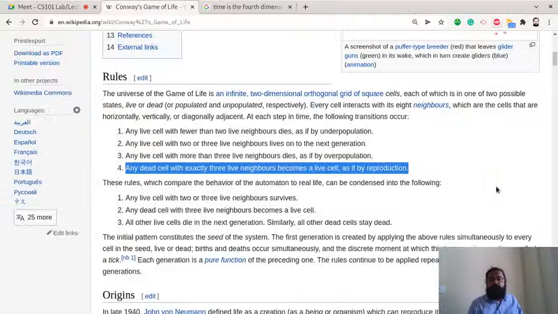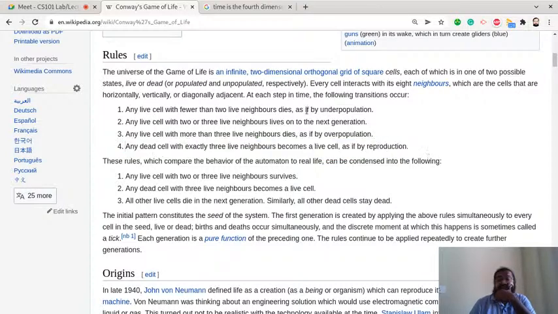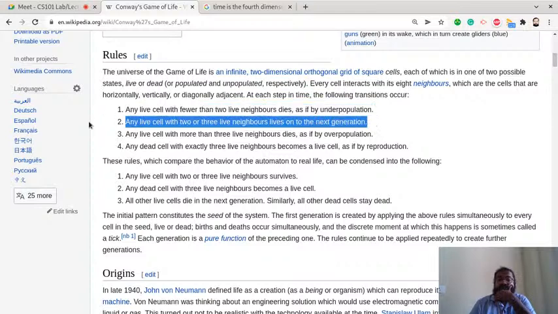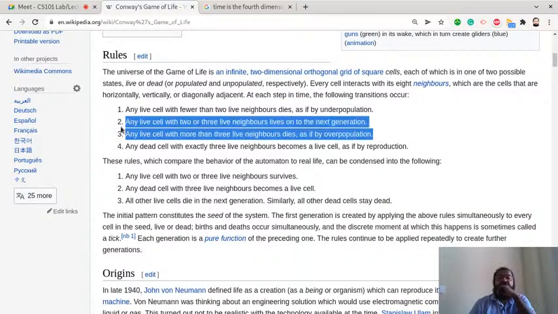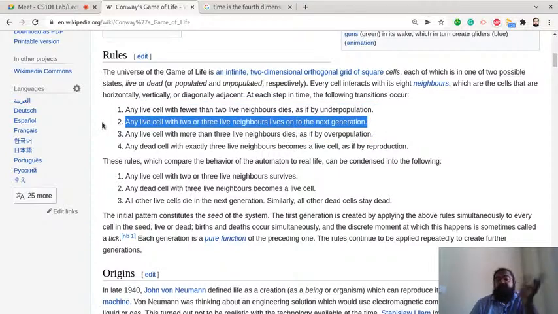Do you guys follow what I am explaining over here? Yes, sir. This is underpopulation, overpopulation, reproduction, and surviving. So with underpopulation you die, with overpopulation again the cell will die, and with right conditions the cell will live to the next generation.